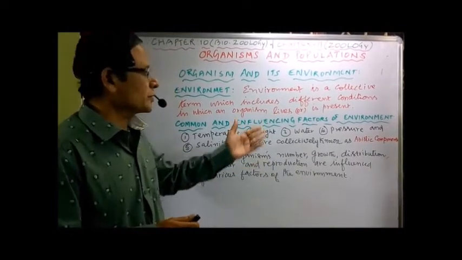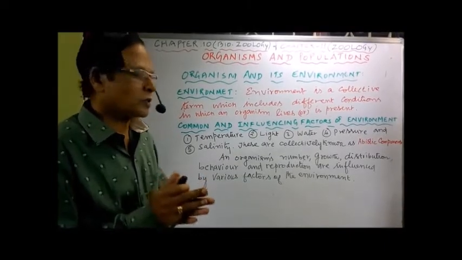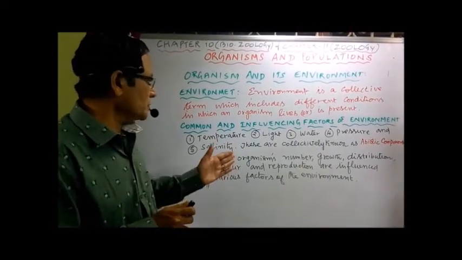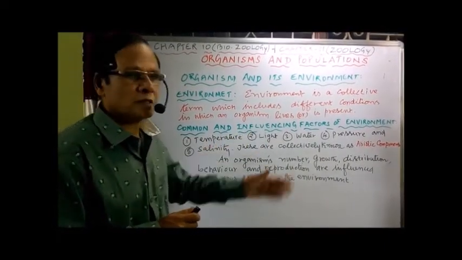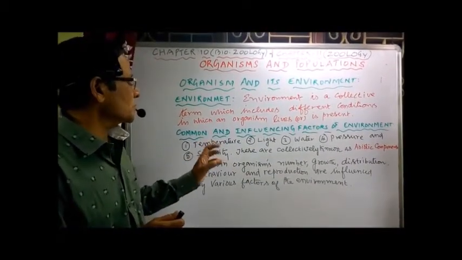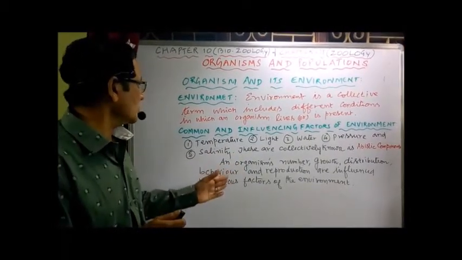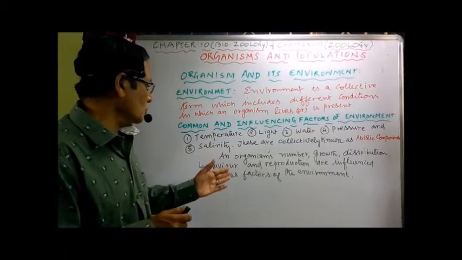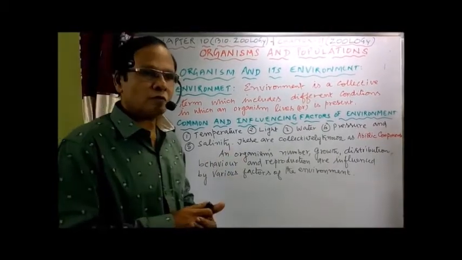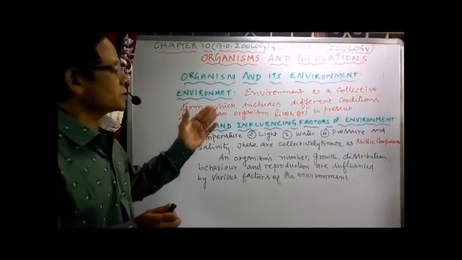I mentioned the abiotic factors, and even some living factors also affect, but particularly we are talking about the abiotic factors, which affect the various activities of an organism. That's about the common and influencing factors of the environment. The abiotic components constitute the various factors of the environment which affect and influence the organism and its environment.